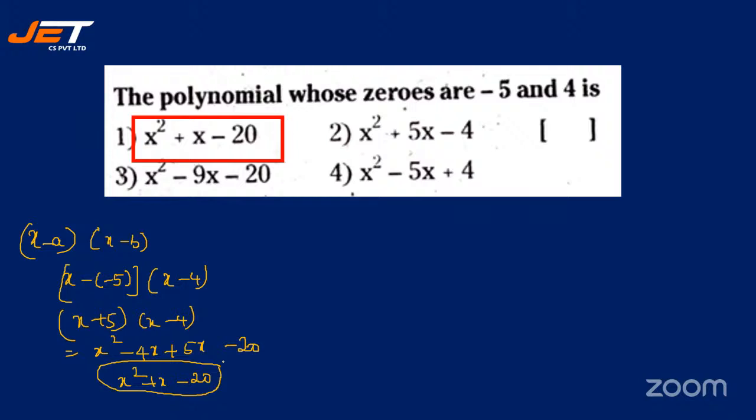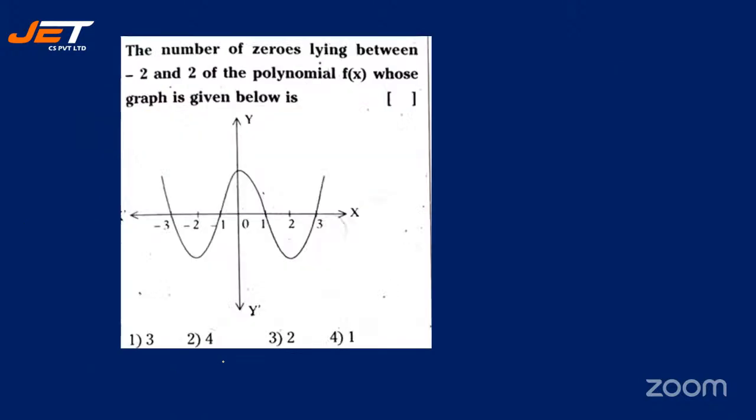Let's see the next question. The number of zeros lying between -2 and 2. Okay. So where is -2 here? -2 is here. And +2 is here. So between this means you should not include that, isn't it?